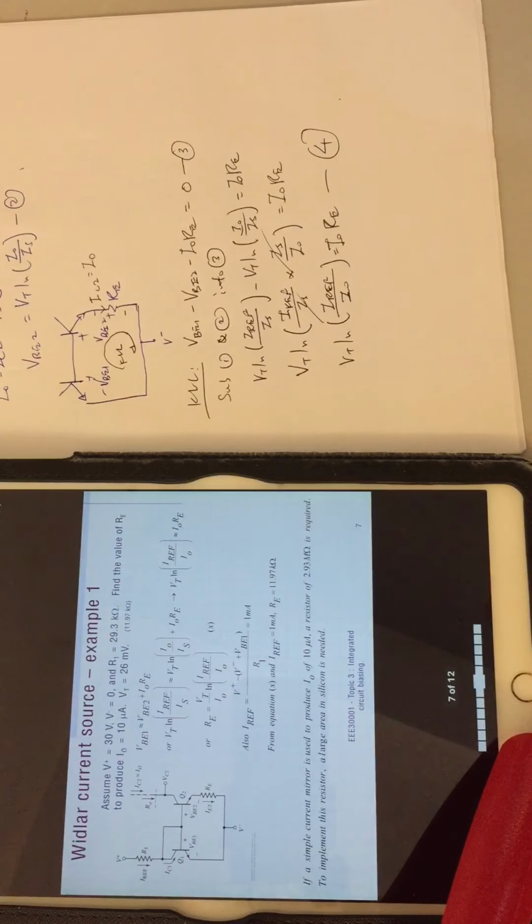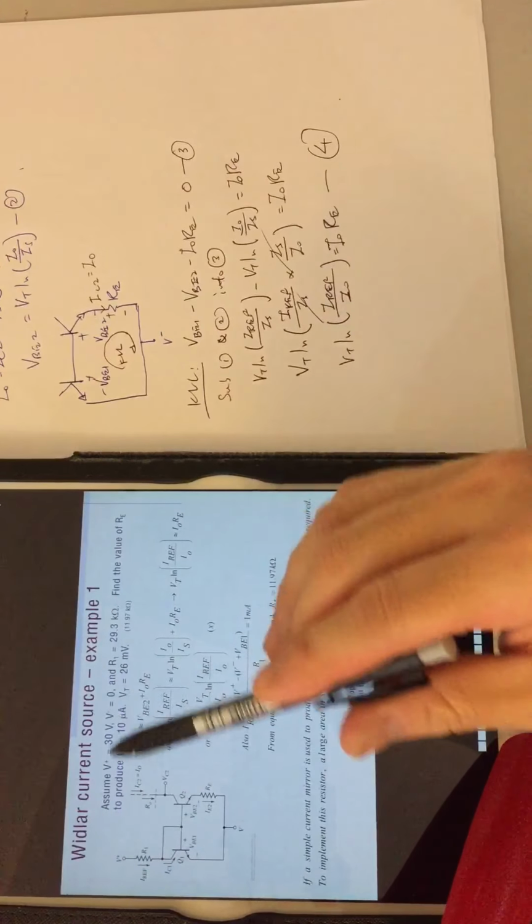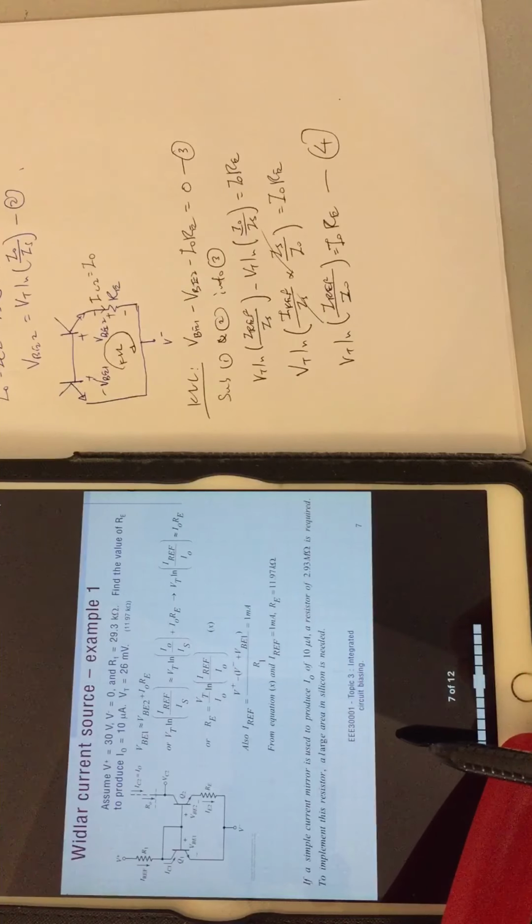This problem is quite straightforward, because we know the output current. We just need to find out the I reference, and determine the value of the resistor RE. R1 is given.